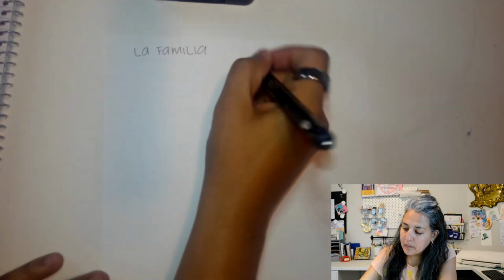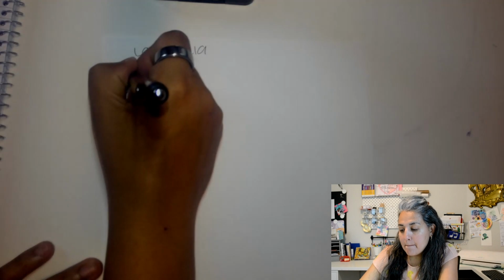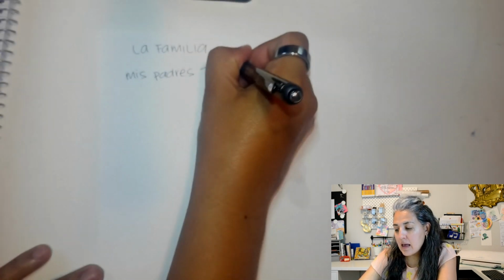We're always going to talk with me and how all my parents, my grandparents, how they go to the family tree. So la familia. Tenemos mis padres, mamá, y papá. They both have an accent mark. Mis padres, my parents.